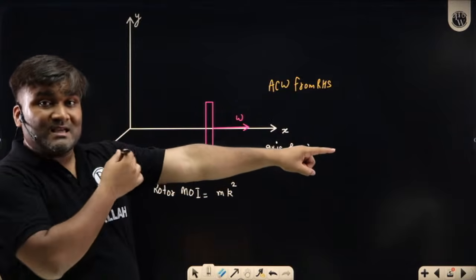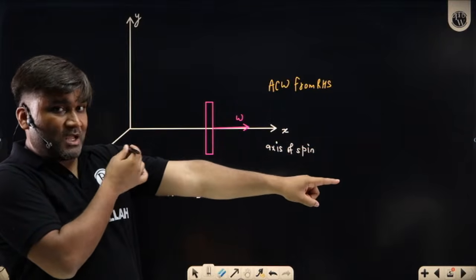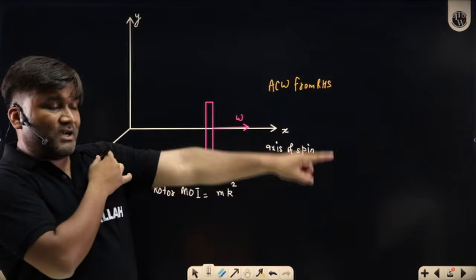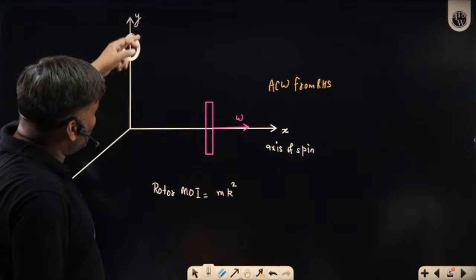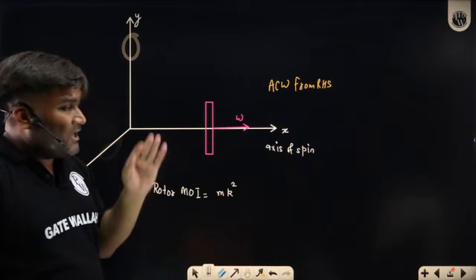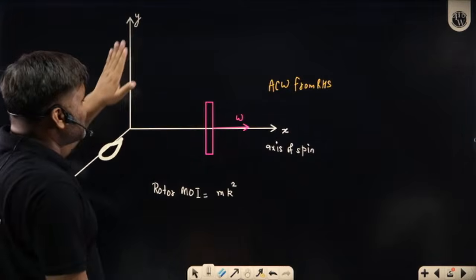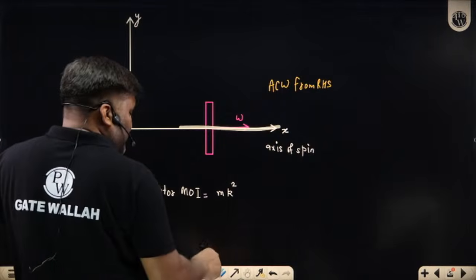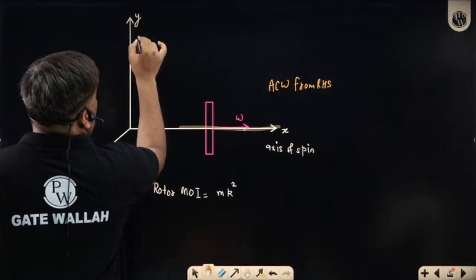Or if it rotates about z axis, so x axis is rotating towards you, it will be rotating like this. So about any of these perpendicular axes, y axis or z axis, if my axis of spin starts rotation, that axis about which it is rotating is called the axis of precession.